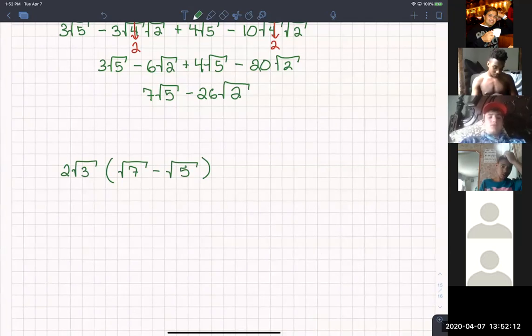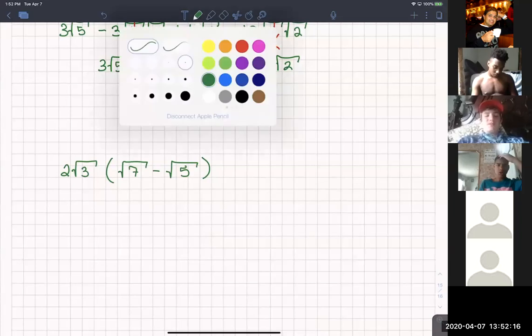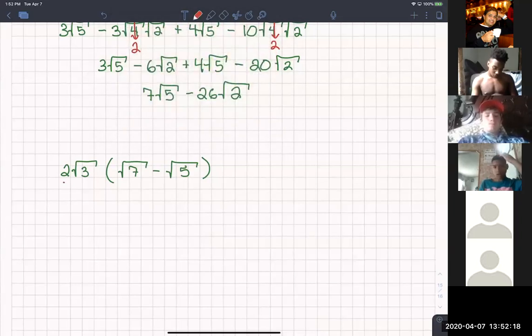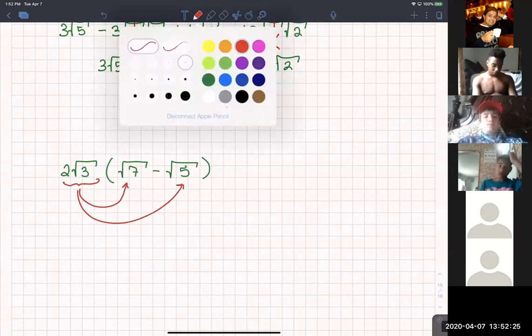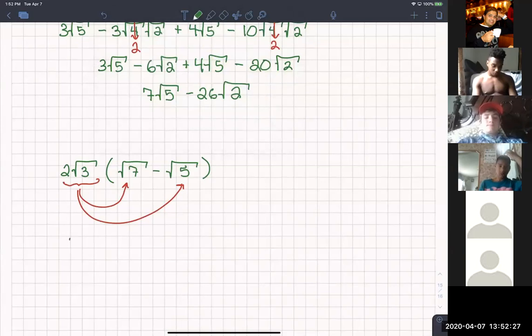You distribute everything on the outside to everything on the inside. So what are my rules for multiplying radicals? What gets multiplied? The inside. The inside gets multiplied and the outside gets multiplied.